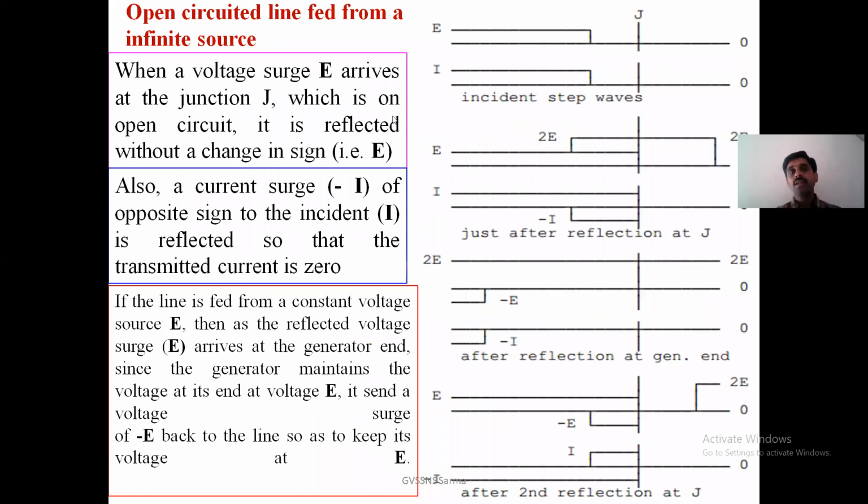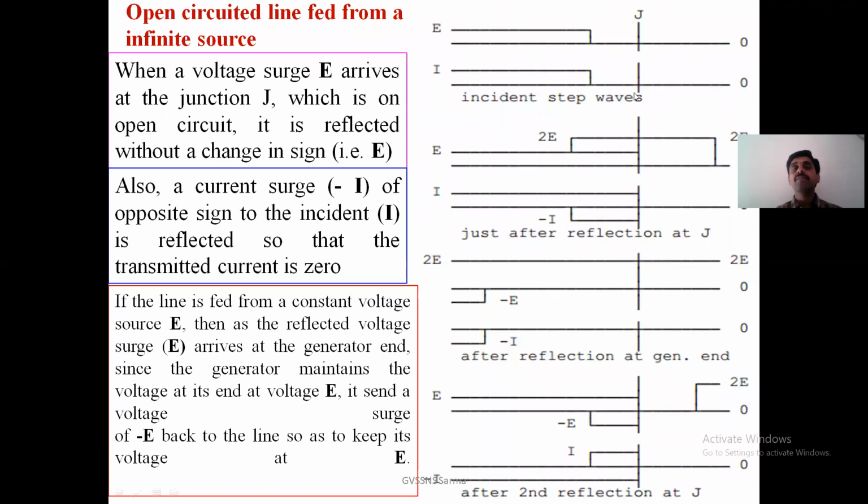Let us see this open circuited line fed from an infinite source. Here, observe these are incident step waves. So this is a junction, E, I. When a voltage surge E arrives at the junction J, which is open circuit, then it is reflected without any change in sign.